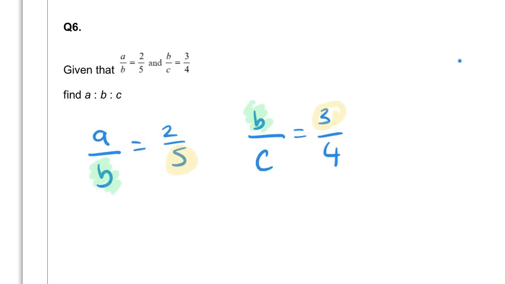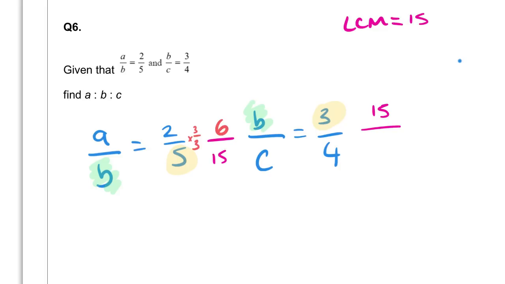However, I can't compare them yet because my B's, 5 and 3, are not the same. However, if I find the lowest common multiple of 5 and 3, that is going to give me 15.